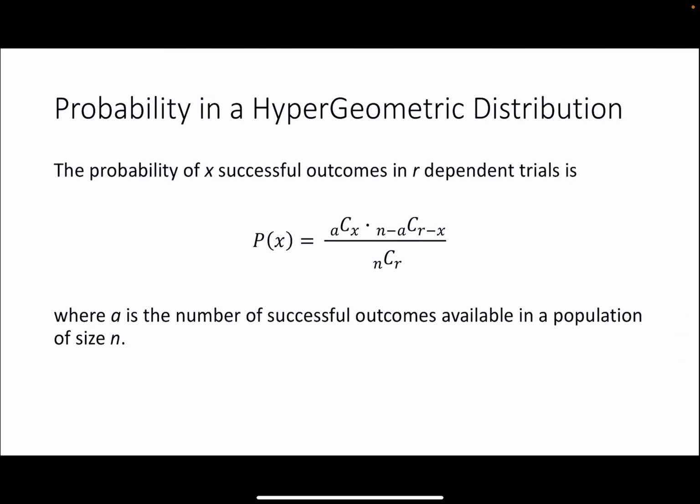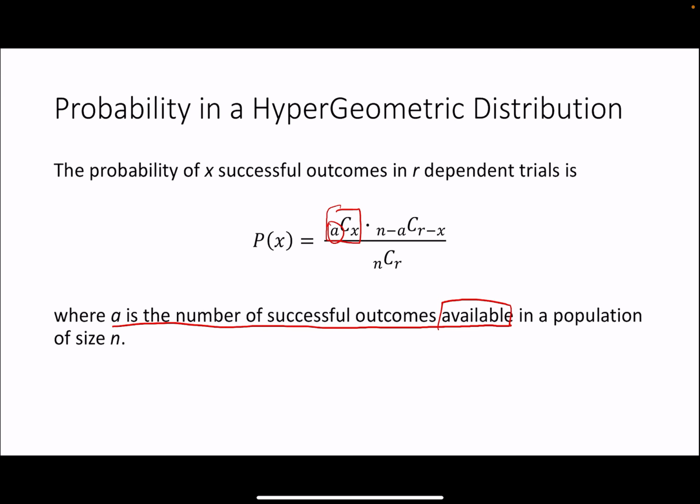Okay. So just in general, here's the formula. The probability of X successful outcomes in R dependent trials is P of X. A is the number of successful outcomes available. So available successes, right?